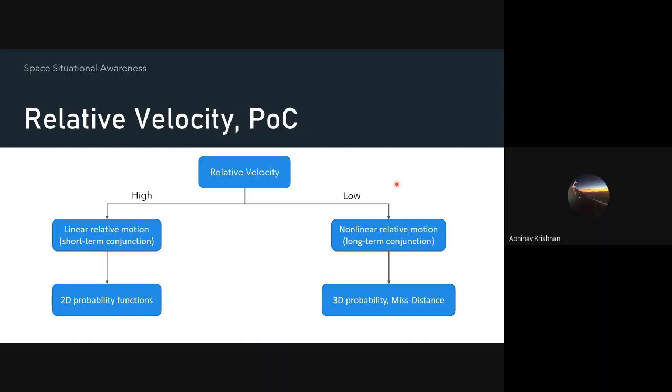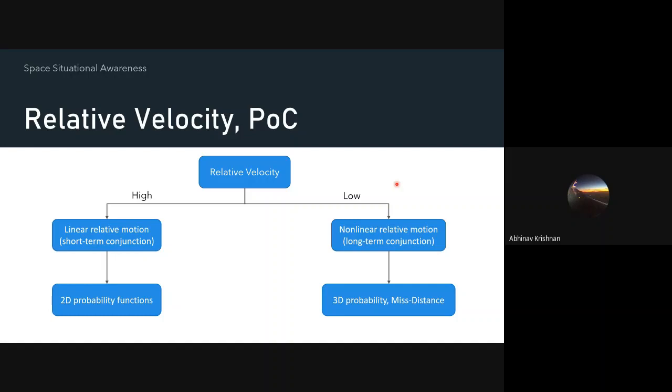But on the other hand, if it's at a higher orbit, you are also moving slowly. The collider is also moving slowly. And in that case, you both are very comfortably together in a certain closeness in proximity in the orbit. Therefore, it's a long-term scenario that you're looking at. It could even go up to weeks.